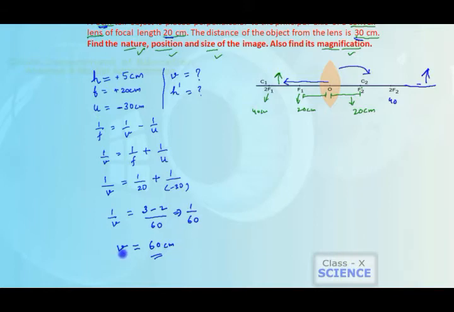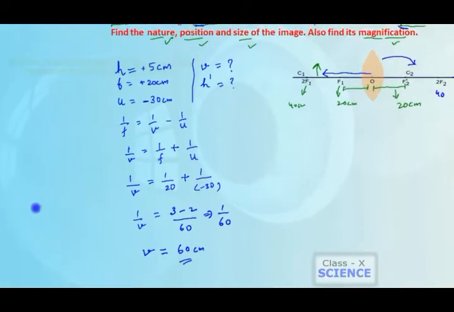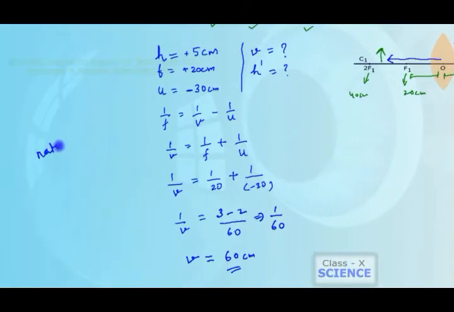Since we have found out the value of v, that is image distance, from the value of image distance, that is plus 60, we can find the nature of image. So, whenever we talk about nature, nature means two quantities we have to find under nature. One is whether it is real or virtual. Second nature will be whether it is erect or inverted.